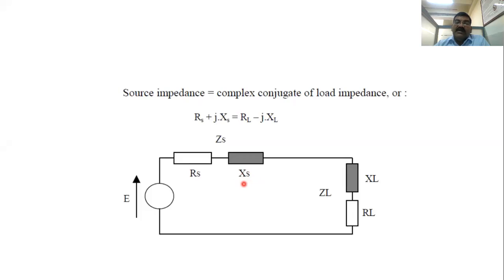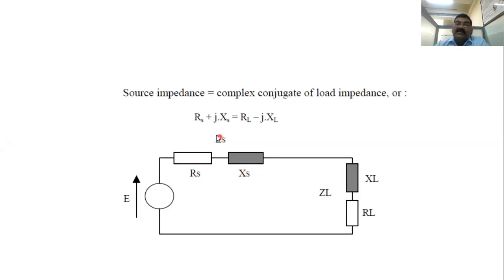If it is offered by the capacitor, then X equals 1 upon 2 pi FC. Here 1 upon 2 pi is constant, F is the frequency of operation, and C is the capacitance. These are the basic formulas that you are aware of. We need these formulas to calculate the reactance.